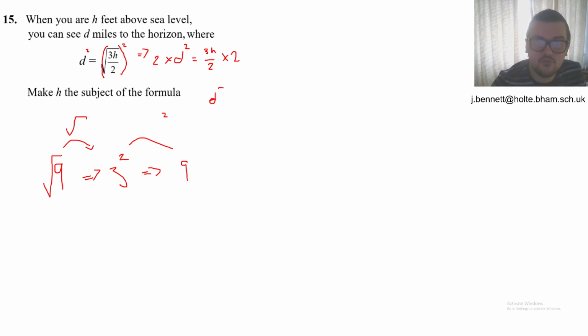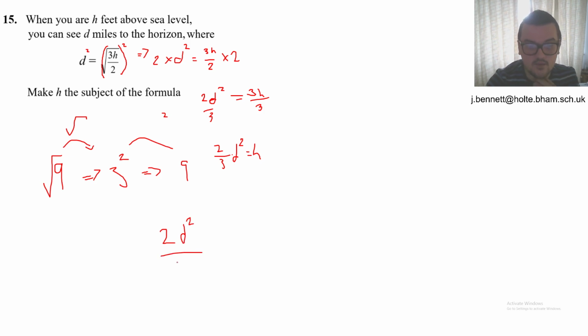So 2d squared equals 3h. Finally, we're going to divide both sides by 3 to get rid of that coefficient on the h. So we get 2/3 of d squared, and with this d is not part of the bottom number, it's just multiplying by the 2/3, equals h. I'll write that in a bit nicer way. 2d squared over 3 equals h. That is our answer for h.